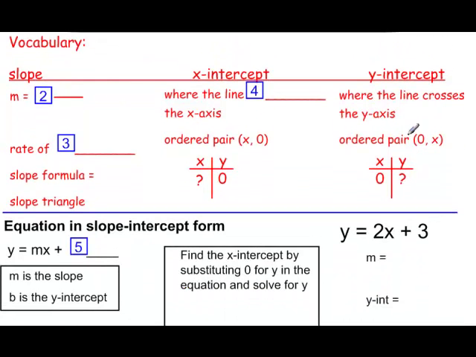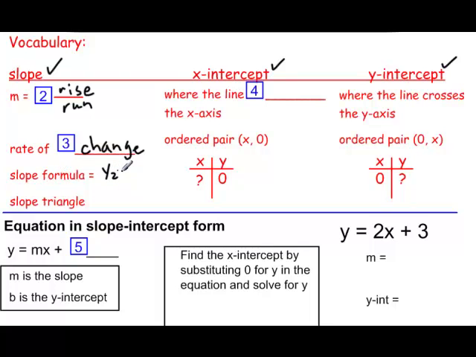So our vocabulary: slope, x-intercept, y-intercept. We know slope is rise over run. We know that slope is called the rate of change. Okay, we have a slope formula.